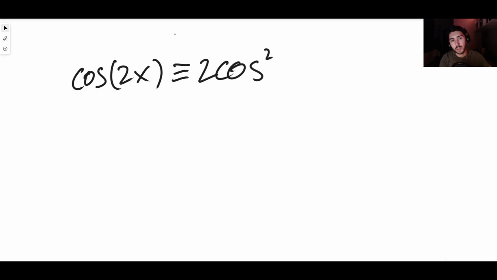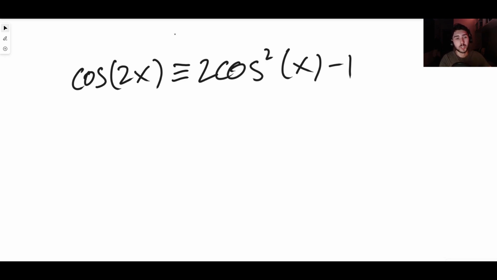The way that we integrate cos² x is basically the exact same. We can recall that cos 2x, as well as being equal to 1 minus 2 sin² x, is also equal to 2 cos² x minus 1. This is the other double angle formula.